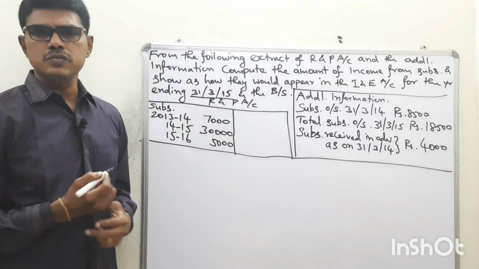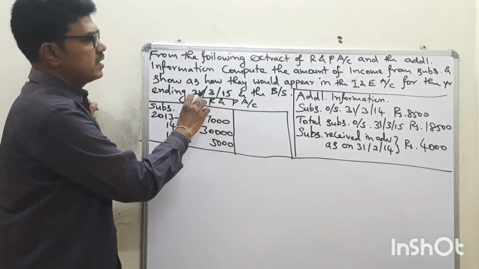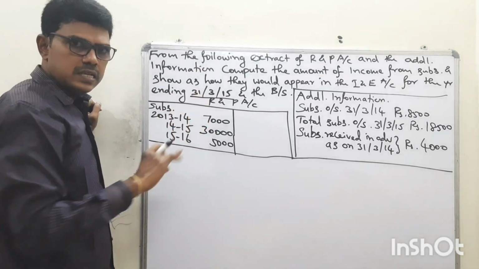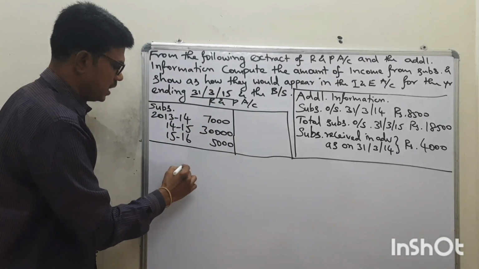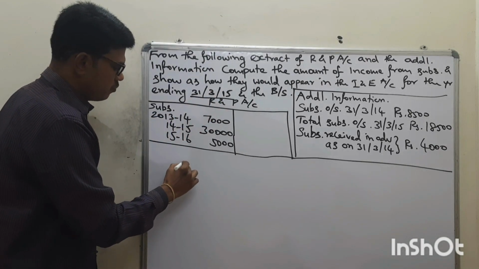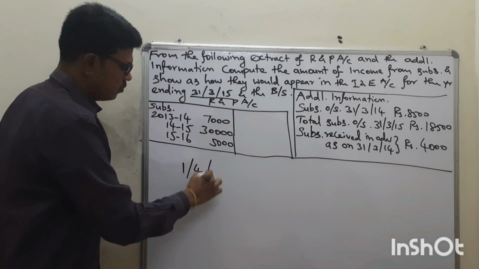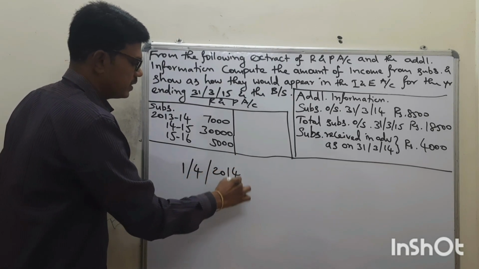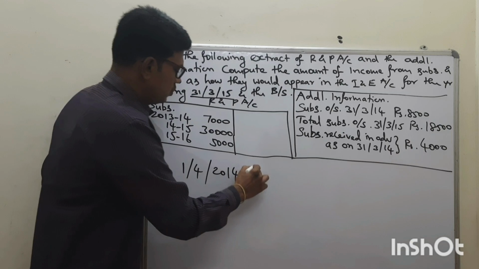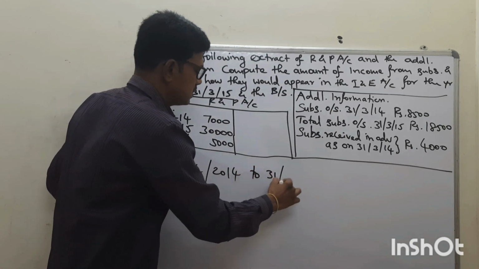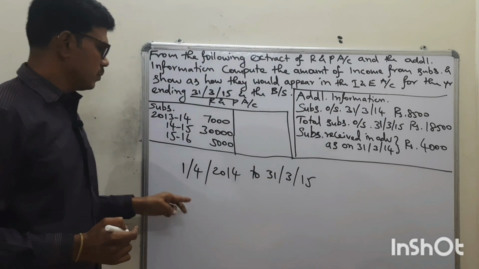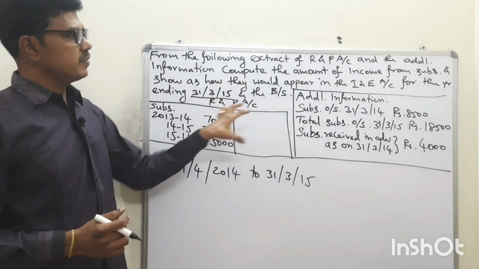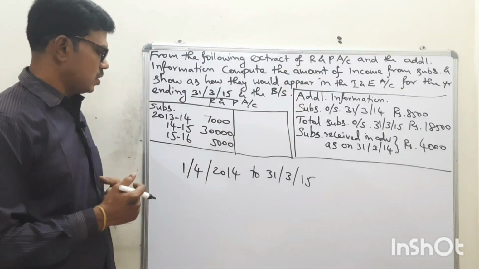The accounting year would have started from 1/4/2014 and ends on 31st March 2015. This is the financial year for which we are going to prepare the amount of subscription to be shown in the income and expenditure account.